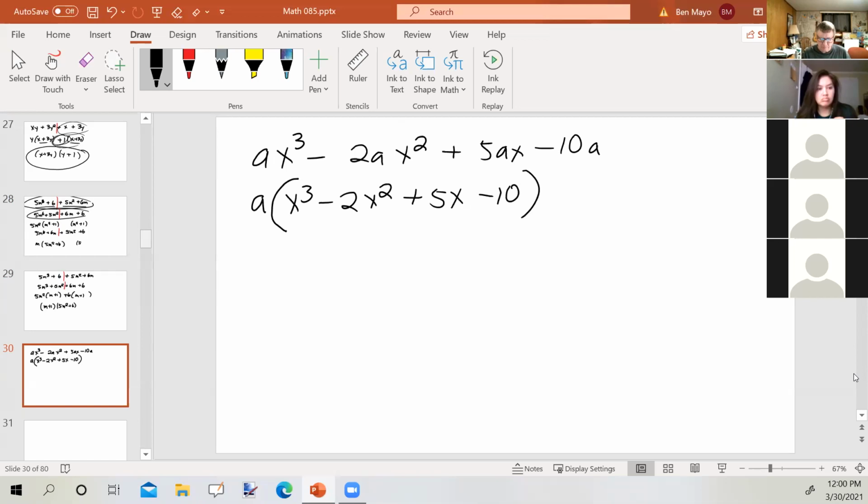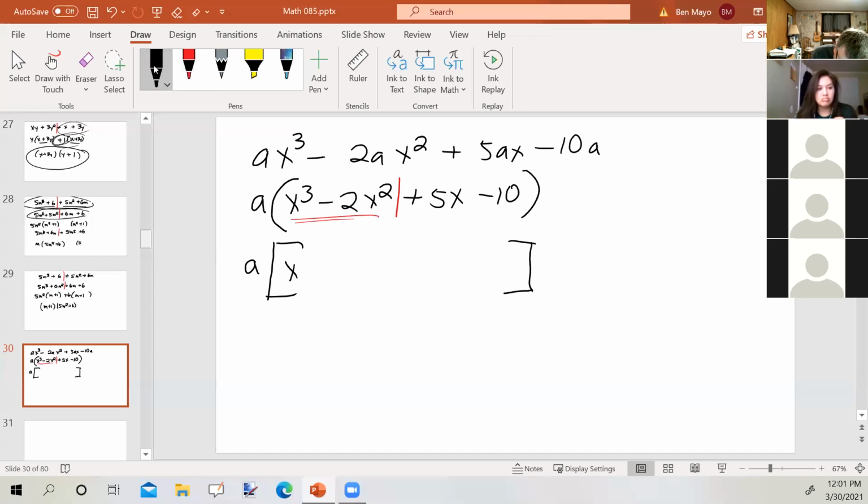Now we're going to see if we can take what's in parentheses and factor it further. So this a comes down. I'm going to switch from parentheses to brackets because if I use grouping, I'm going to create parentheses, and rather than have parentheses inside the parentheses, maybe this will be less confusing. What's the greatest common factor here?